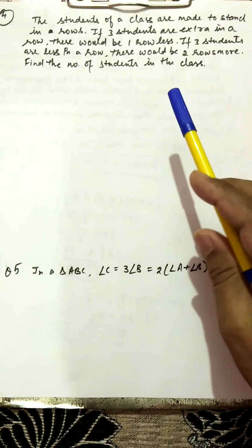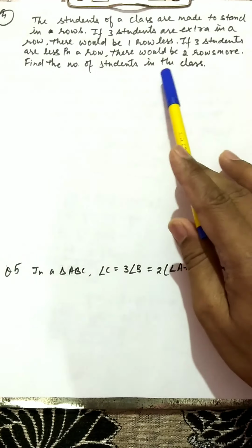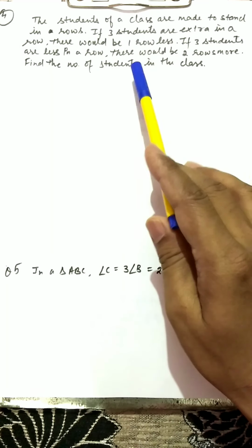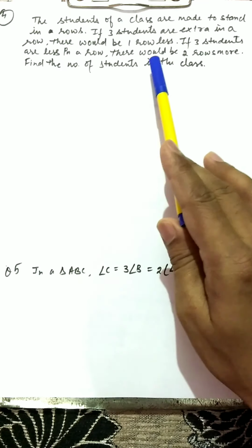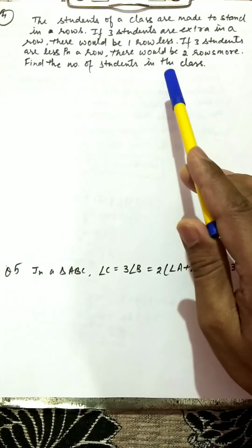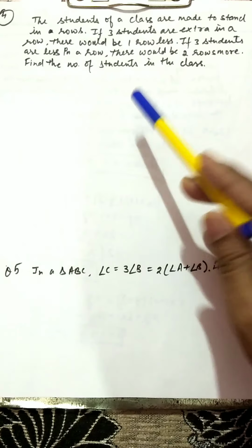So you can see there are 2 variables working behind this question. The first one, do you know the number of rows? No. Do you know how many students are in each row? No. So we start from there only.